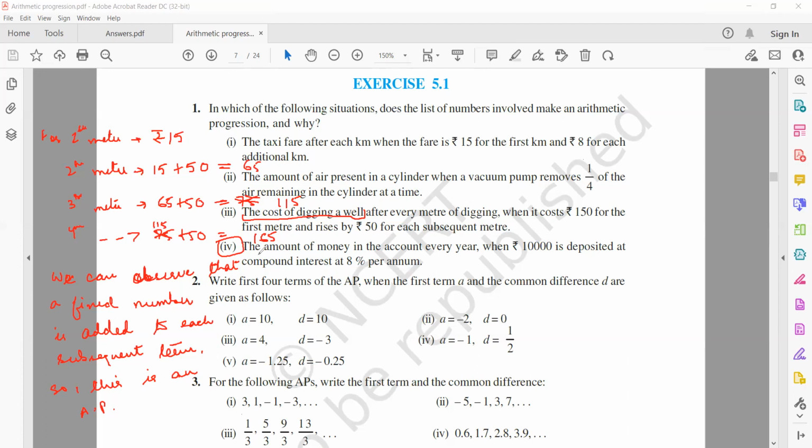Now next, the fourth one. You have to make a list of the amount of money in the account every year. This list you have to prepare. Now 10,000 is deposited at the compound interest of 8% per annum. So the principal amount is 10,000 and compound interest is 8%. So how will you write it?